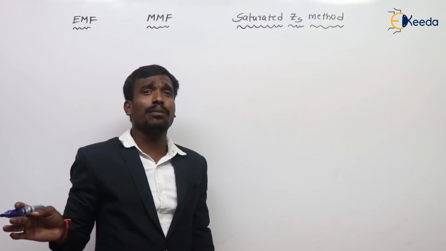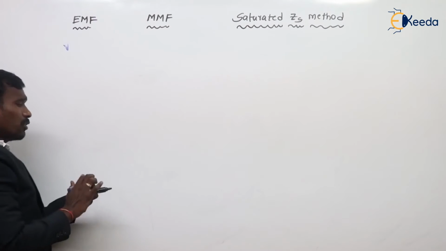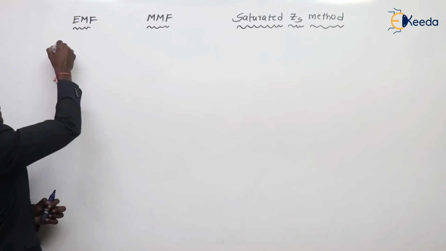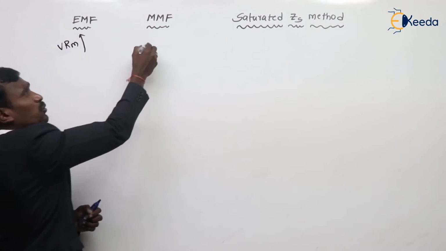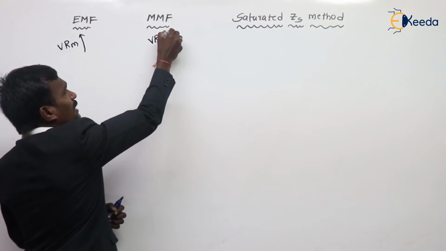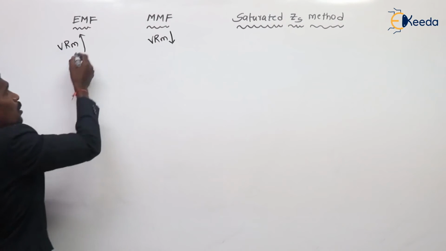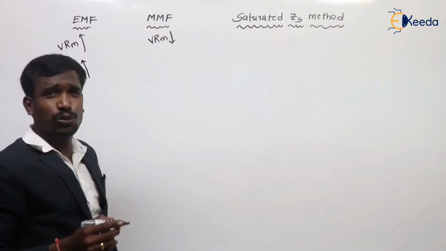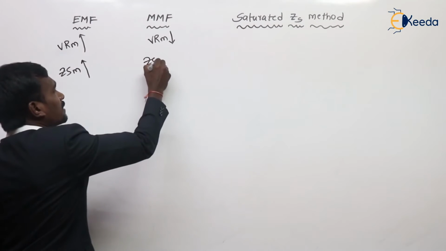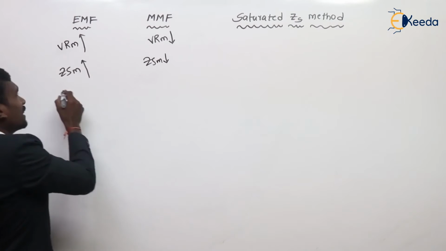Why are they not accurate methods? In the EMF method, the measured voltage regulation is more than actual. In the MMF method, the measured voltage regulation is less than actual. Why more here? Because the measured synchronous impedance is more than actual. Here the measured synchronous impedance is less than actual. Why like this?